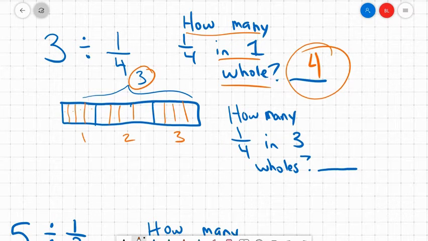Now I can just count how many little pieces I have: 1, 2, 3, 4, 5, 6, 7, 8, 9, 10, 11, 12. So how many 1/4 are there in 3 wholes? There's 12. You should see some sort of multiplication pattern here.